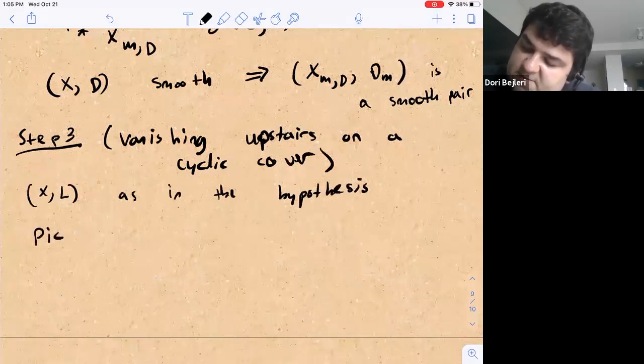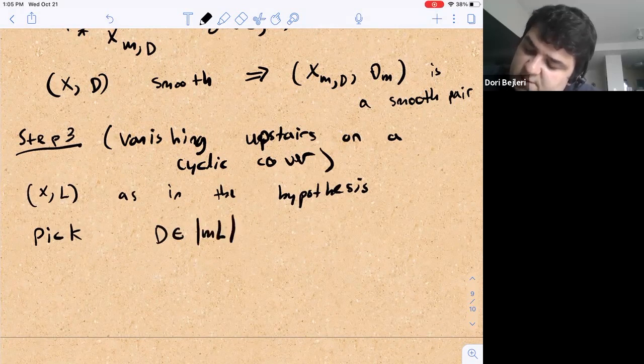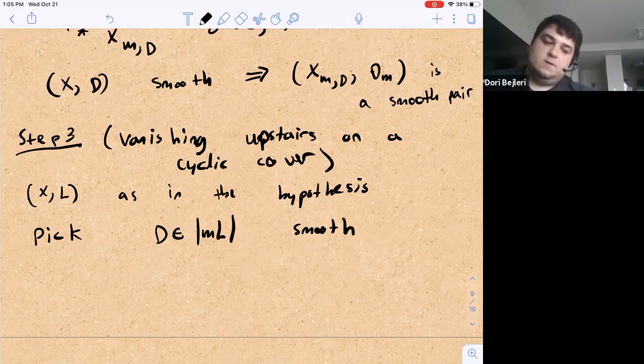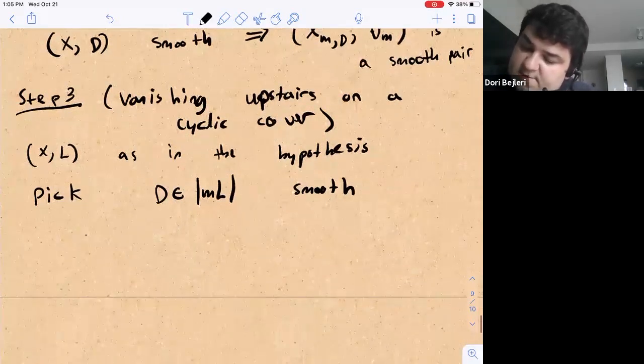And we pick some very ample smooth hyperplane section of a large multiple. And now we construct the cyclic cover.